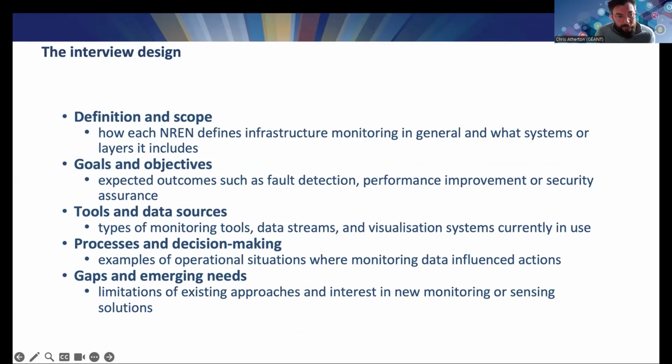We expected some outputs already around fault detection and performance improvement or security assurance. We also looked at the tools and the data sources that are used to go into that in a little bit more depth.